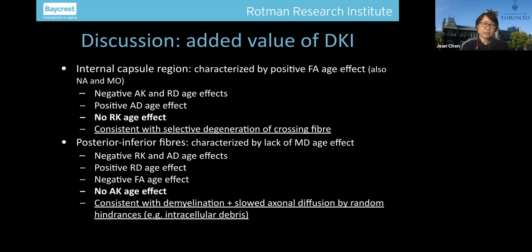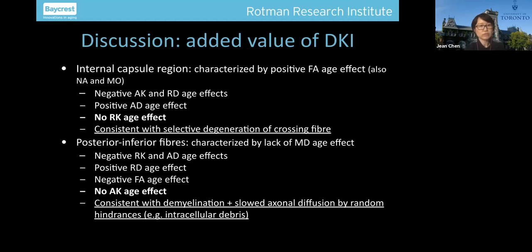So to quickly wrap that up, we identified these two very odd regions that go against the general trends. The internal capsule region is characterized by a positive FA age effect, also in terms of normal anisotropy and the mode. But in these regions, we also see negative axial kurtosis and radial diffusivity effects, as well as positive age effects in axial diffusivity. So there seems to be a real distinction between what's happening in terms of diffusivity and kurtosis axially and radially.